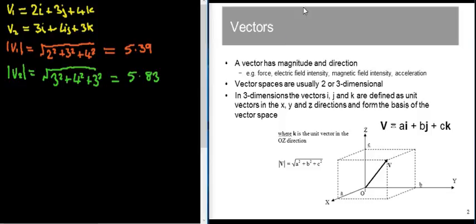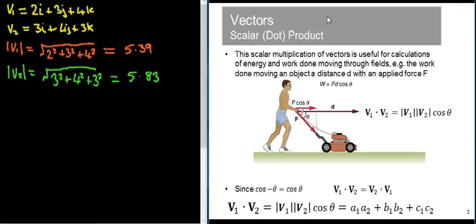Good. So what else can we do with vectors? What else would we want to do? So presumably, now that we've got 2 vectors, we would want to find what the resultant of those vectors are. And we've got a natty picture here, a real life situation where the work done is the product of a couple of vectors.